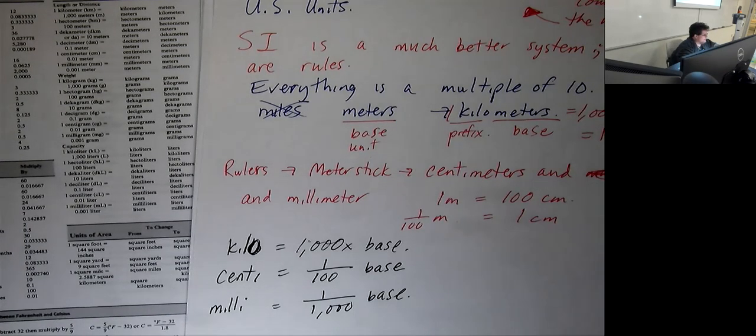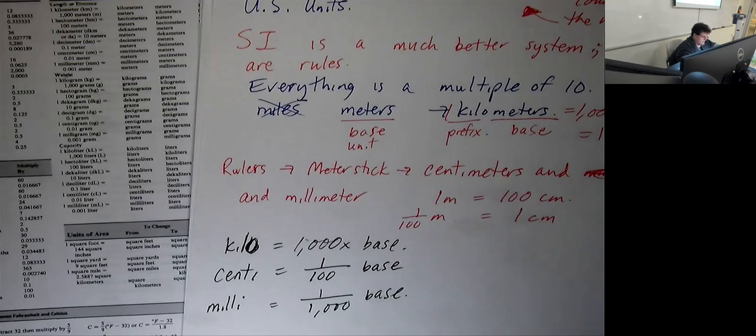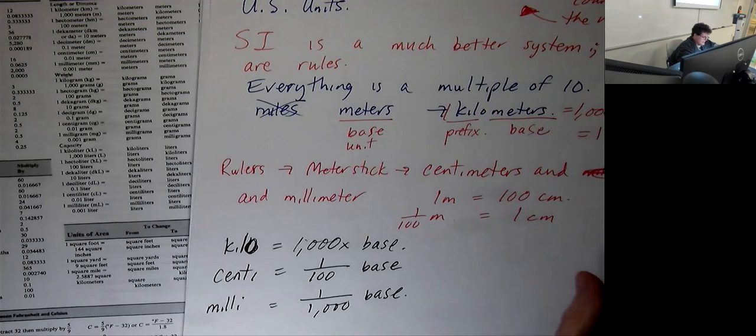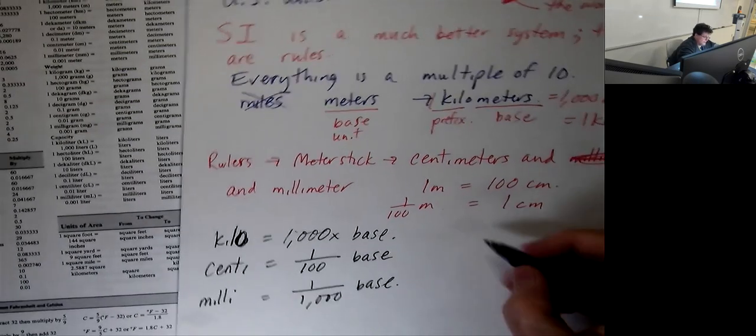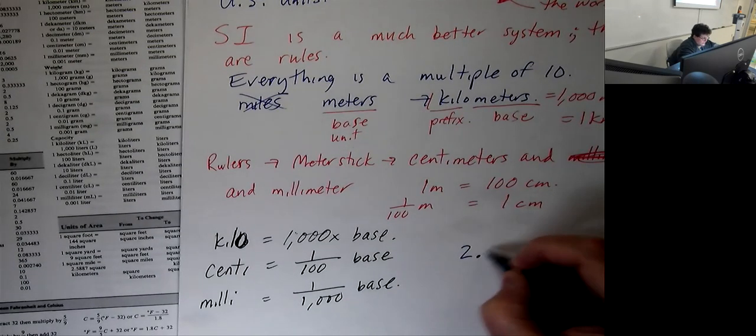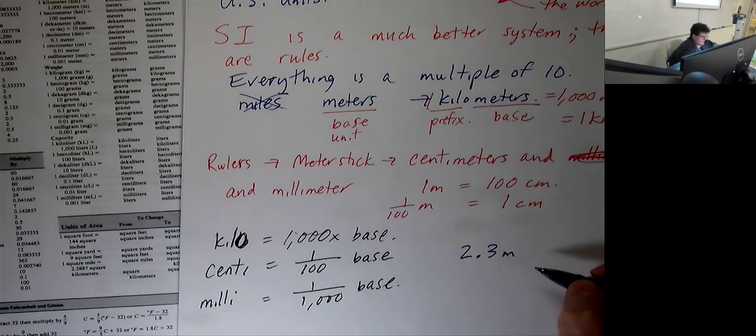How the metric system is superior is, let's say I've got 2.3 meters. M is for meters.